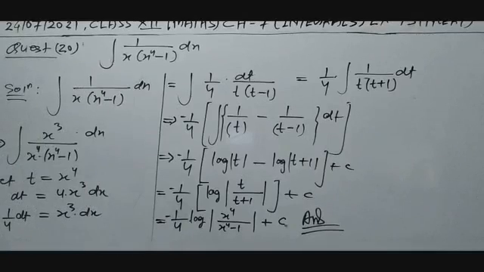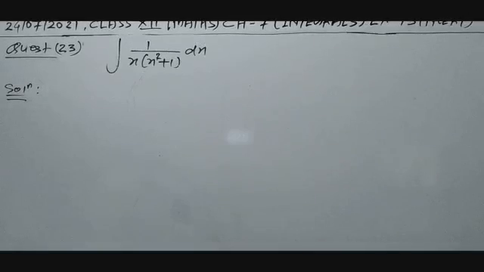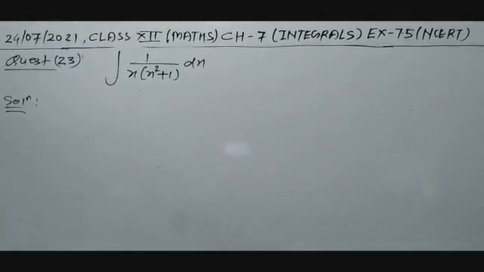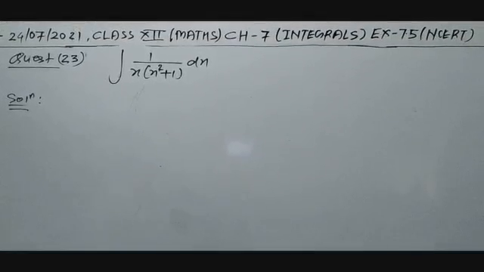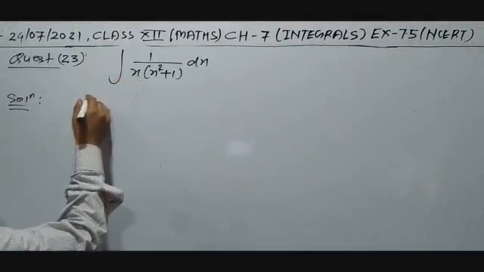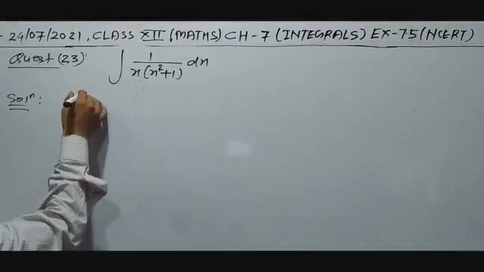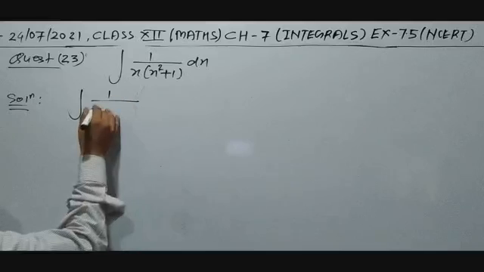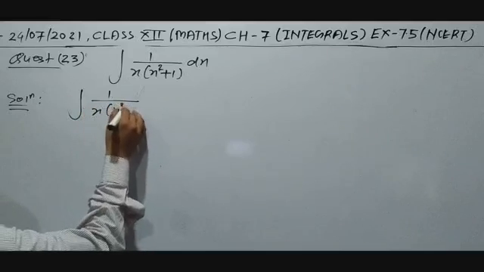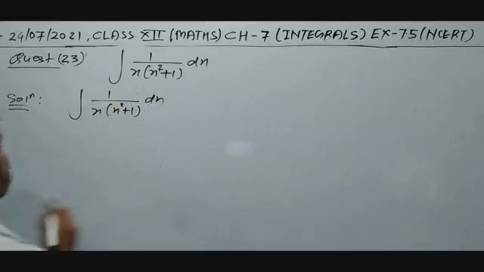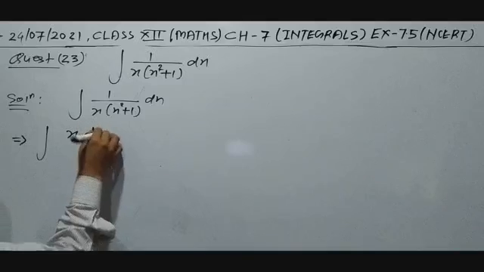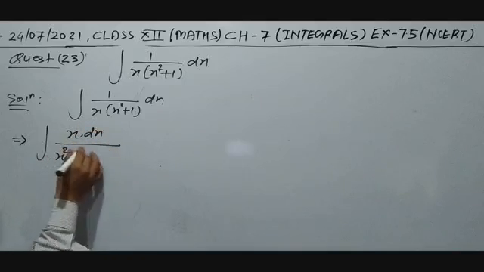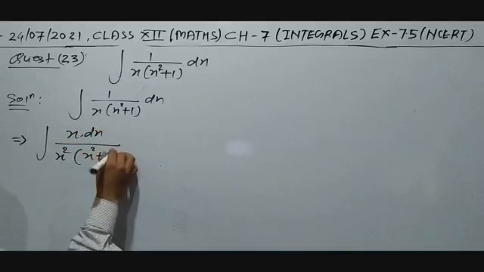Now come to question number 23. Question number 23 is integration over 1 dx whole upon x times x square plus 1 dx. Now you can write x dx whole upon x square plus 1.